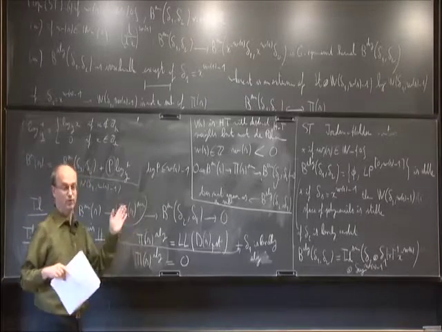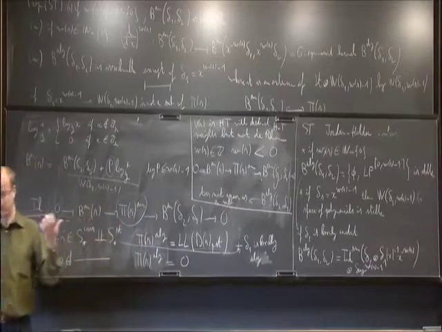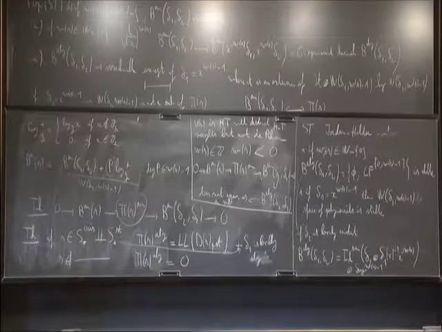Okay, that's one case where you can do everything by hand. And now I have to explain to you how you do it in the case where you cannot do everything by hand.